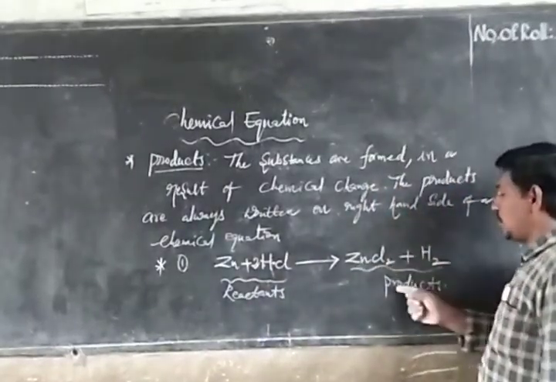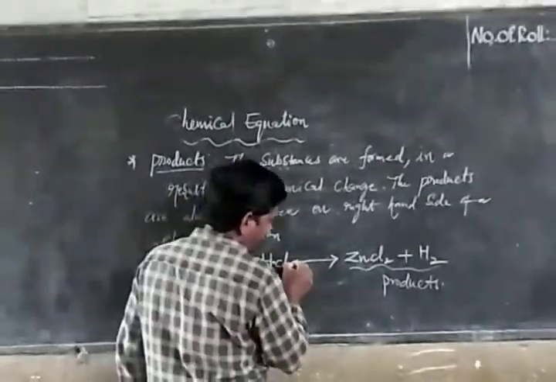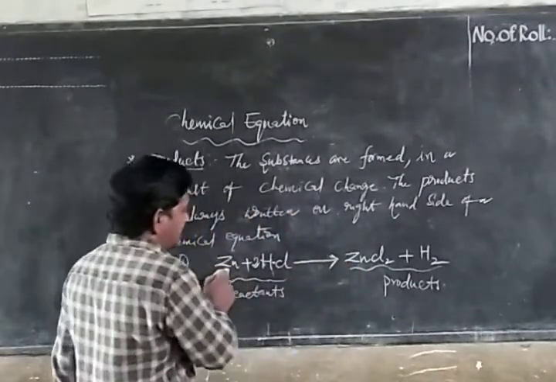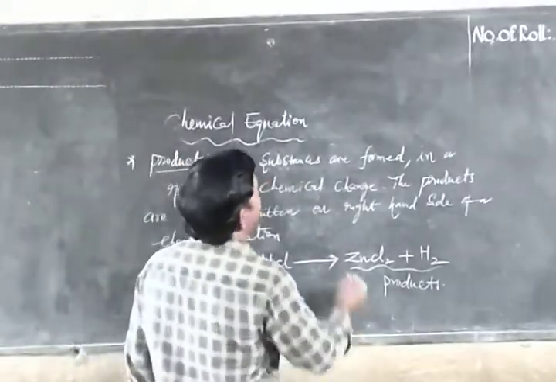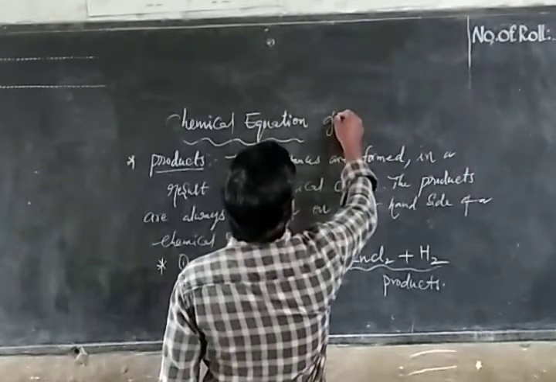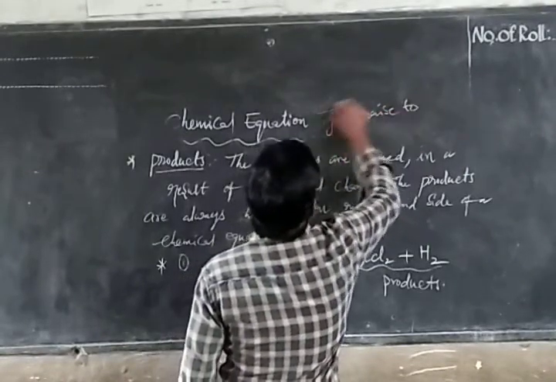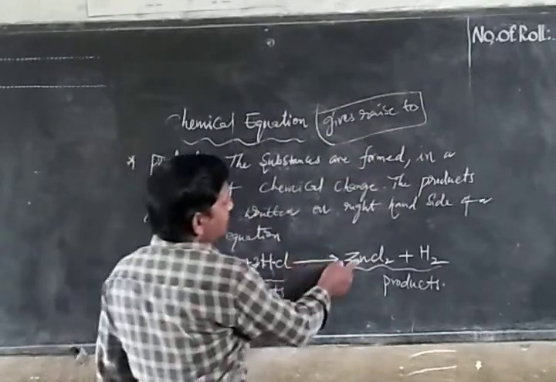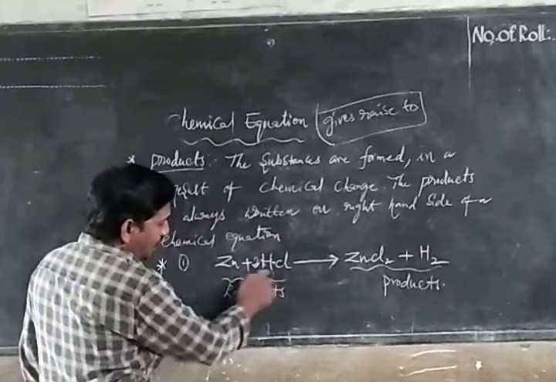ZnCl2 plus H2, these are the products. This is the arrow mark. It is read as gives rise to.